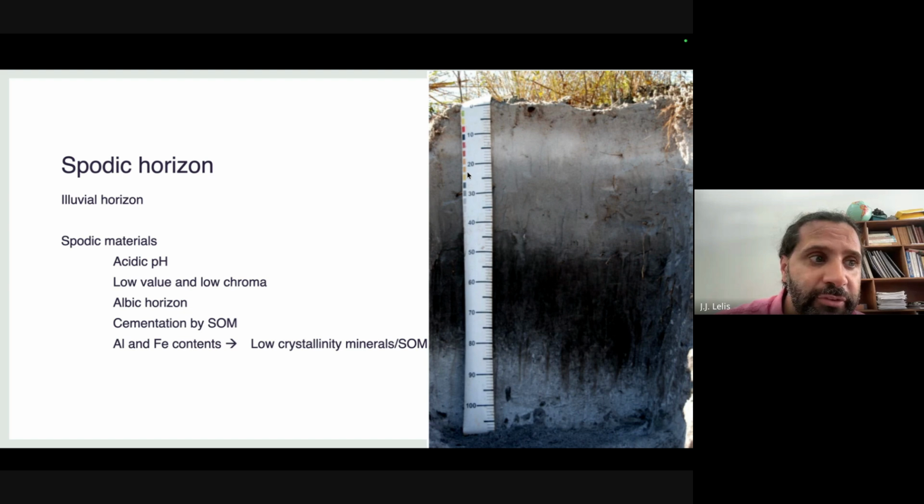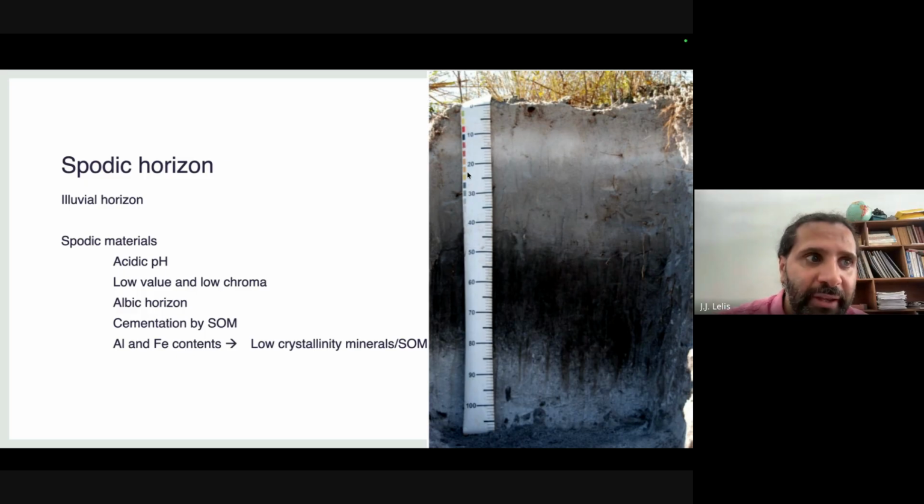And then you start to produce a horizon with a low content of clay, even if the soil in the past was clay-rich soil. So you are decreasing the clay content at the surface because the clay is being destroyed by acidity that's produced by microbiological activity.